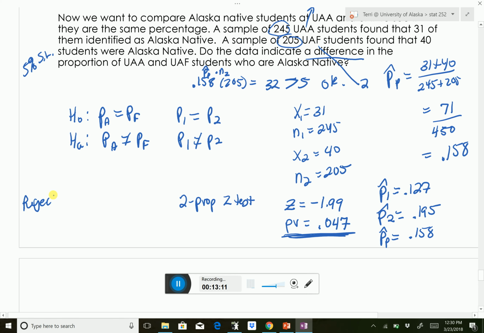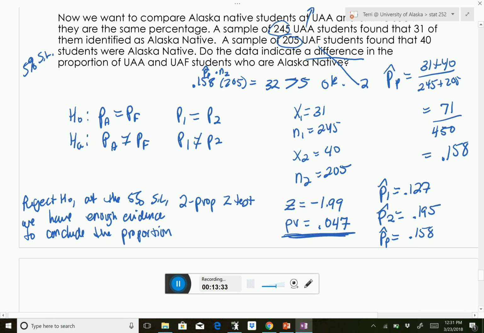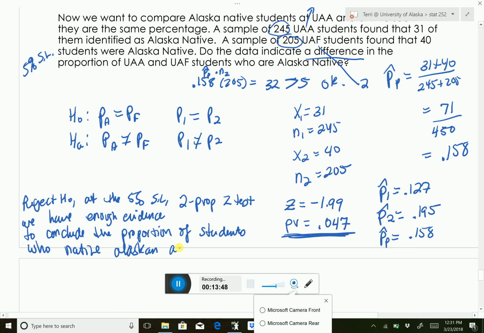So we're going to reject the null. At the 5% significance level, we have enough evidence to conclude the proportion of students who are Native Alaskan at UAA and UAF are different.